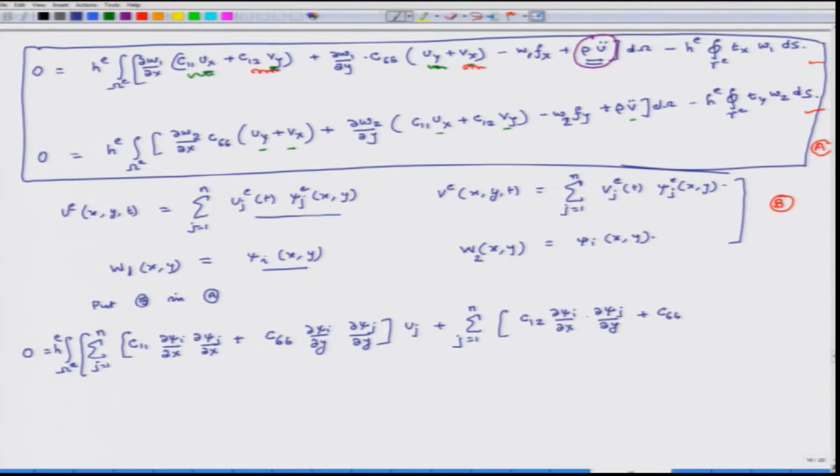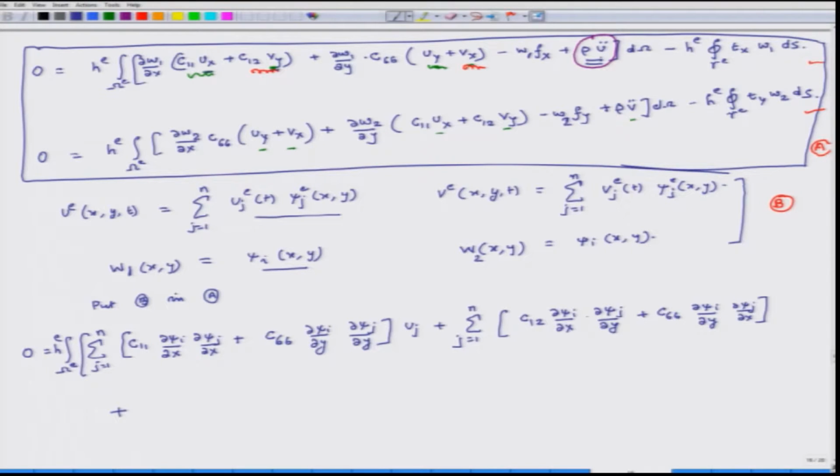Here I have del W1 over del y, so I get del psi I over del y, and I have Vx, so I get del psi j over del x. So, this is the second block of terms.